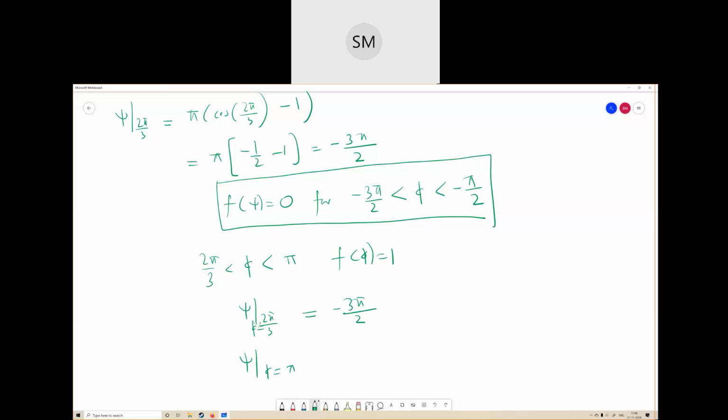Here at phi equal to pi, it will be pi times cos pi minus 1, that is minus 2 pi.